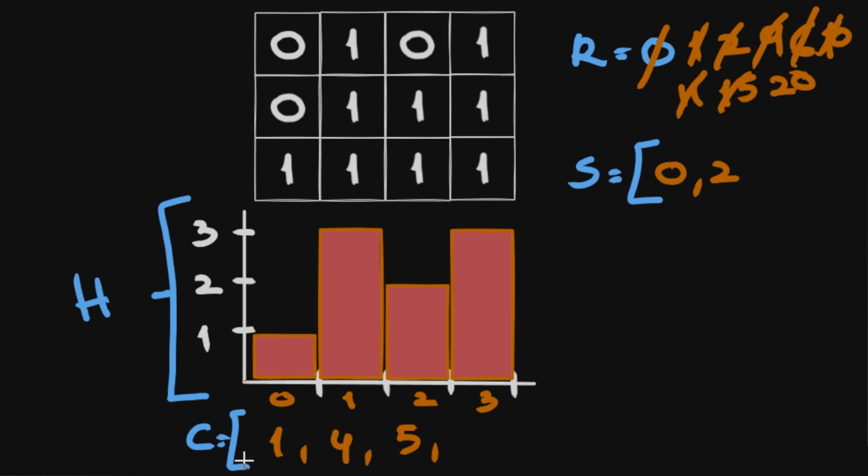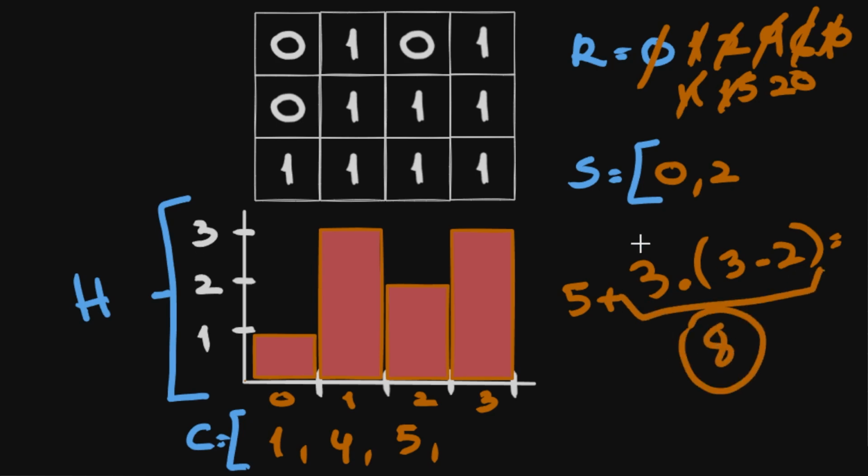So we take counts at the last index in the stack, meaning 5, plus the current height 3, times the current index 3, minus the last index in the stack 2. And this is 1 times 3 plus 5, 8. What this part represents is this is a valid submatrix, this is also valid, and this is also valid.